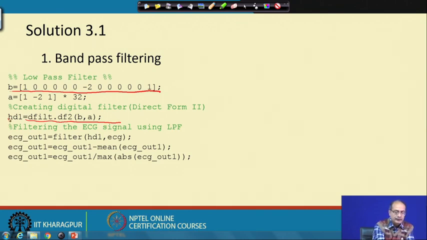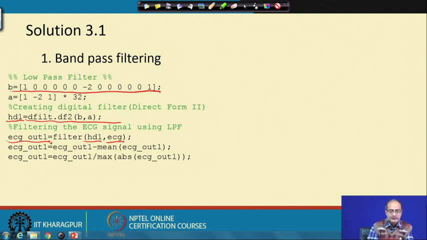We get the handle of that, HD1, and using that we first perform the low pass filtering. We use the command filter, provide the filter coefficients followed by the signal ECG, and we get the output ECG out 1.